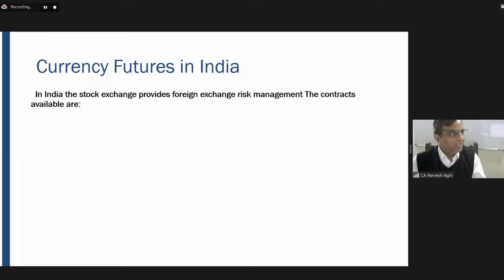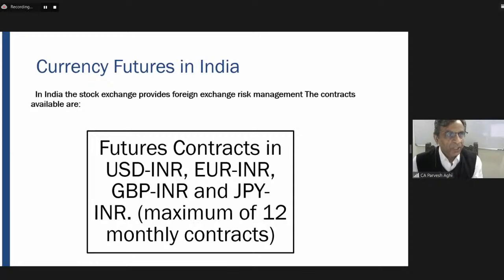Now let's understand a little bit about currency futures in India. In India, the stock exchange provides foreign currency exchange risk management. The contracts available today in India are futures contracts in the US dollar INR pair, Euro INR pair, Pound INR pair and Japanese Yen INR pair.